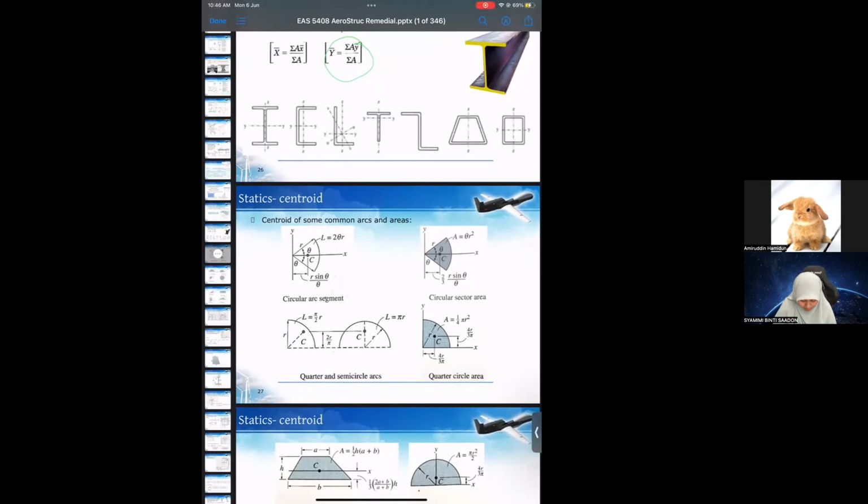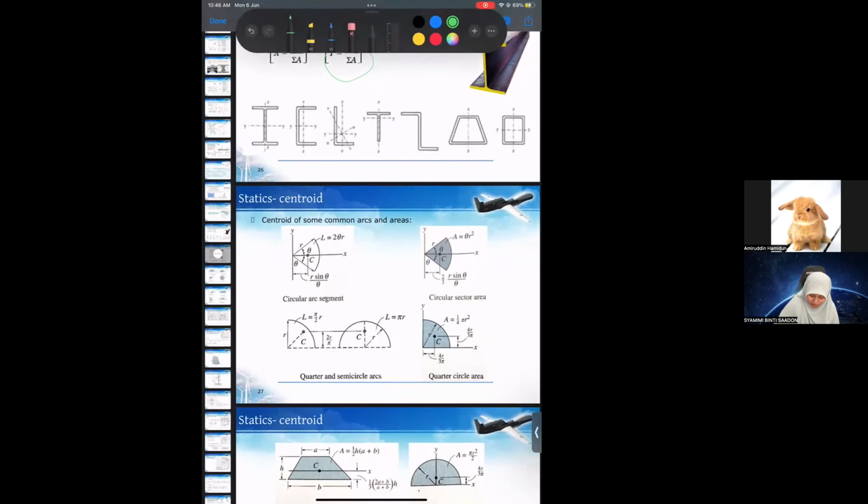So if we have a cone, a quarter of a sphere, a circular area, etc., the centroid is C here. To find the location of the centroid for this segment of area, we can use the formula just now, but the location will be around here.